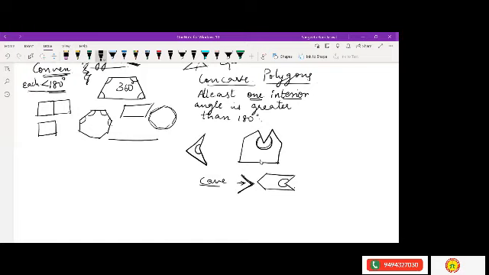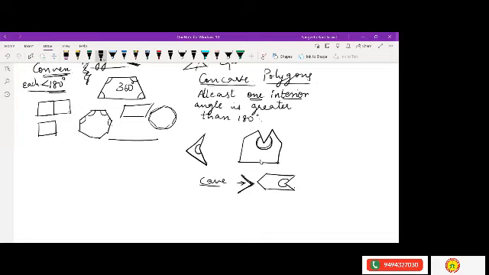It can be more, but in this figure we find just one. So at least one interior angle has to be greater than 180 degrees to make it a concave polygon. Then only we can say that the figure is a concave polygon. All right? Yes, children? Yes, ma'am.